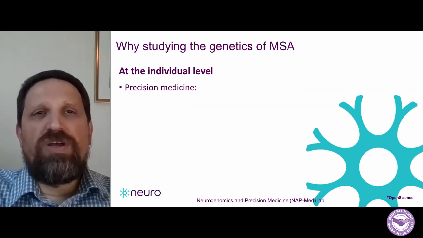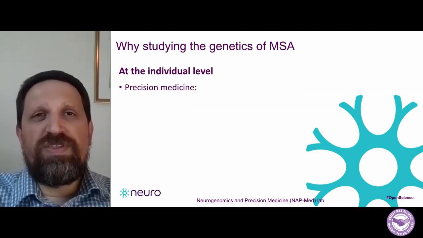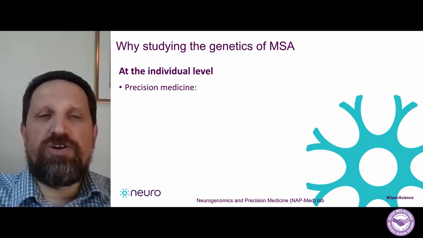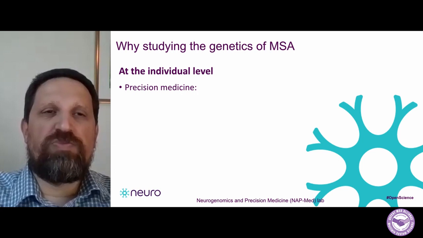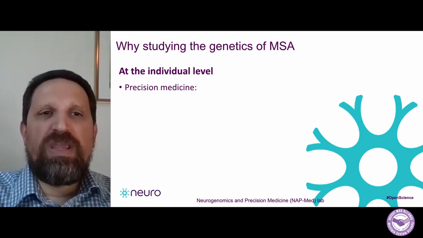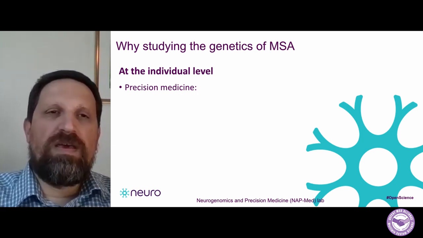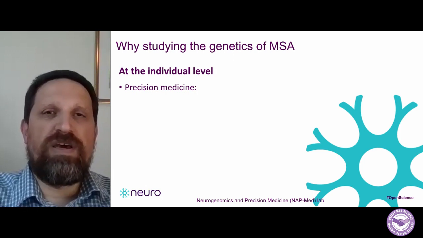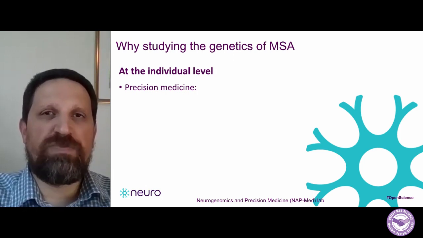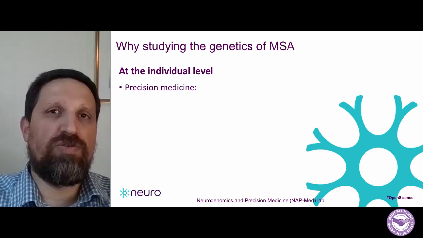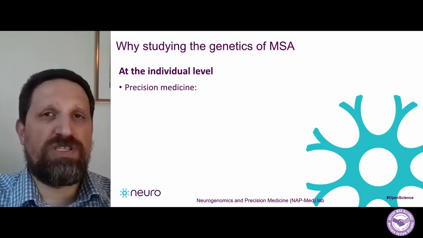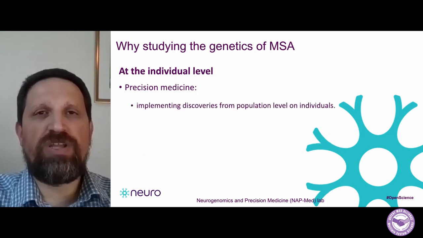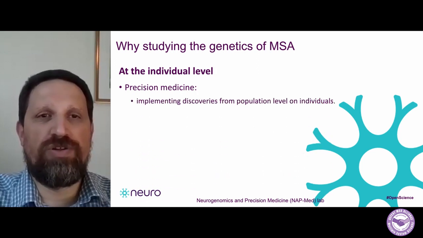So at the individual level, there are different things that we will be able to do once we better understand the genetics of MSA. A term that I'm sure you all heard about, precision medicine, basically means that we give a treatment that is specific for a specific individual based on who they are, based on their genetics, based on other factors in their lives, and try to match the best treatment to each individual.